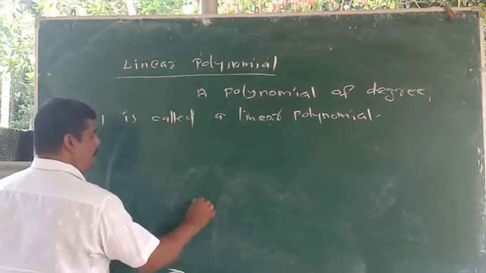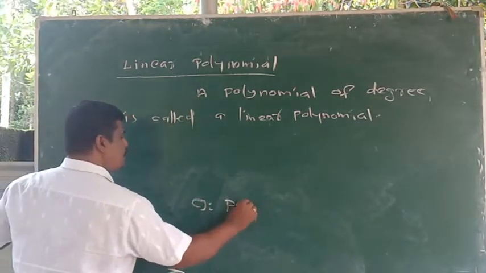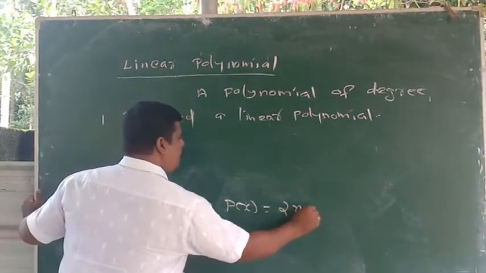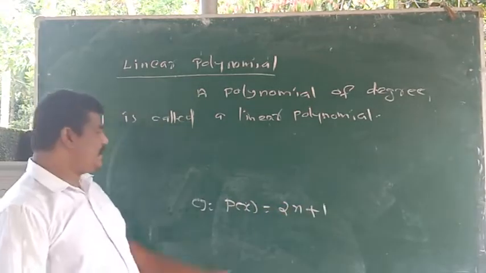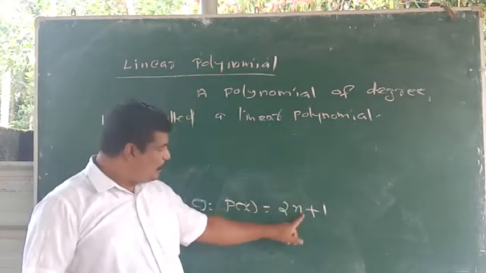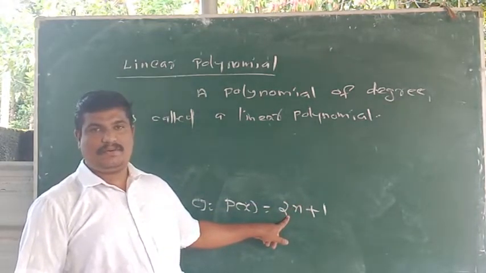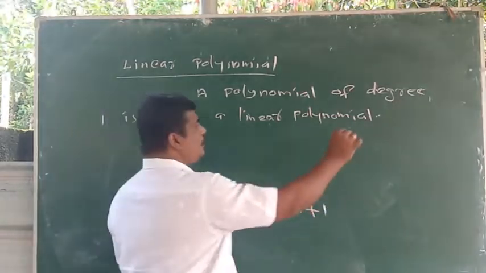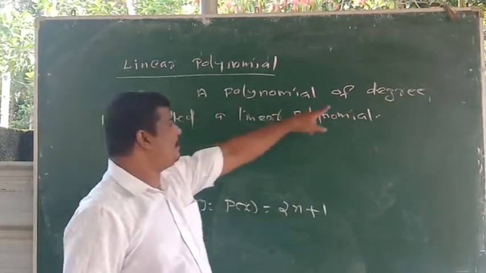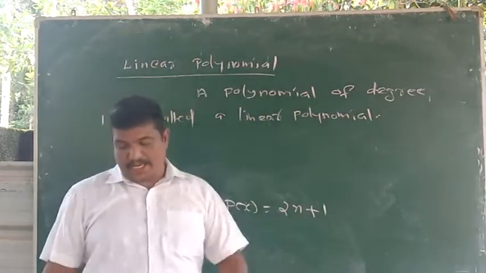Example, p of x is equal to 2x plus 1. What is the degree of the polynomial? The degree of the polynomial is 1. So it is a linear polynomial. Okay, so a polynomial of degree 1 is called a linear polynomial.